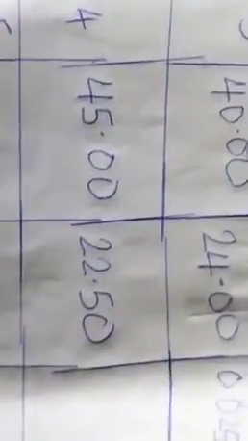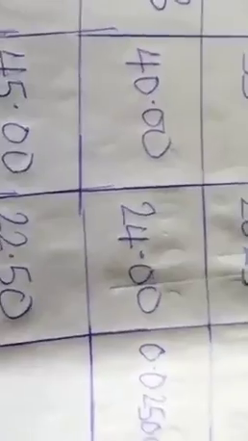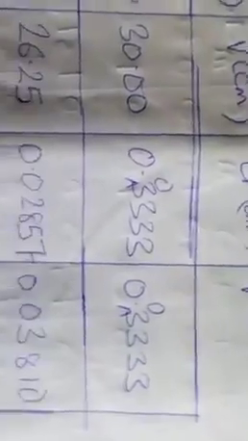So we now report here 22.50 to 4 SF. We're going to look for the inverse of U and inverse of V in the next two columns.